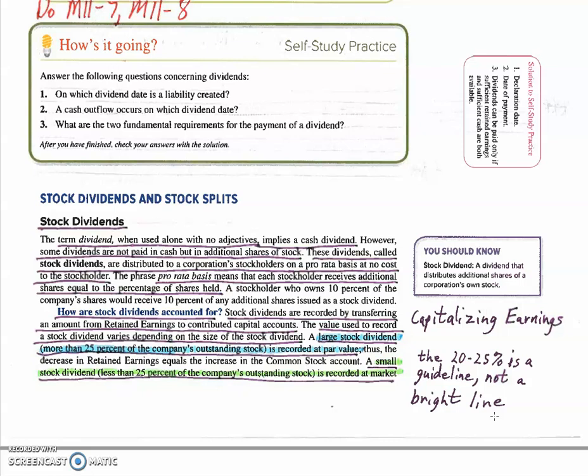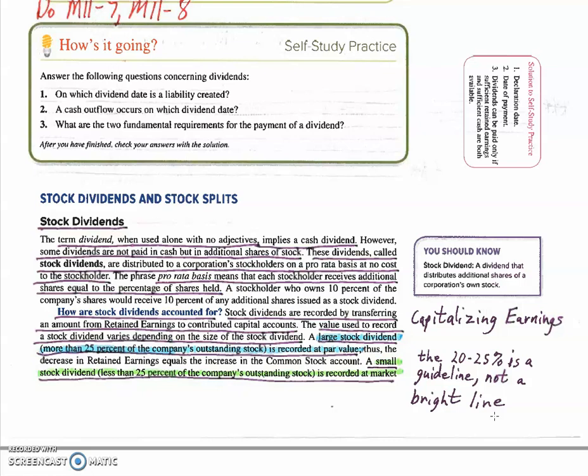With dividends, it's a guideline, not a bright line, meaning a little judgment has to be applied. Now, reality is you almost never see stock dividends in that 20 to 25% range. Most stock dividends are around 10% or less, or 50% or bigger.